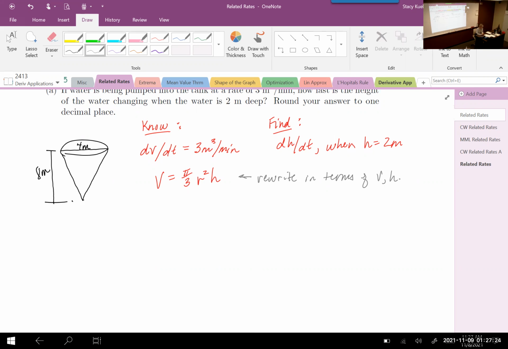If we look at our figure, when I have a certain height here, call it h, then this is a certain radius, isn't it? Actually it would be a certain diameter, I should say, which is 2 times the radius.